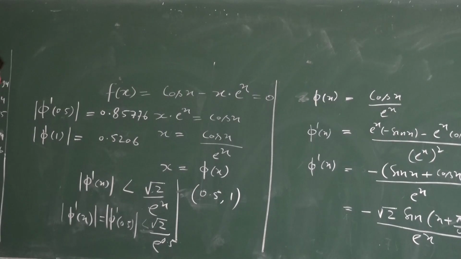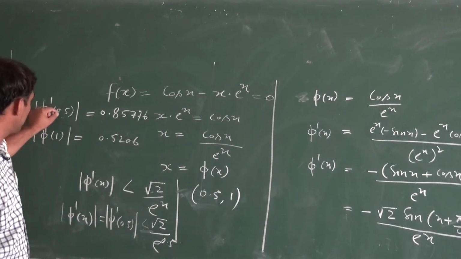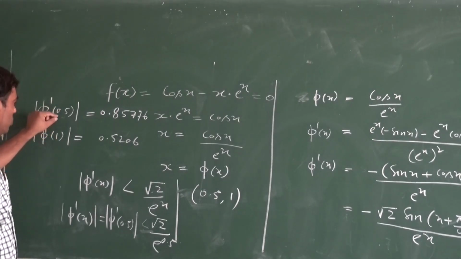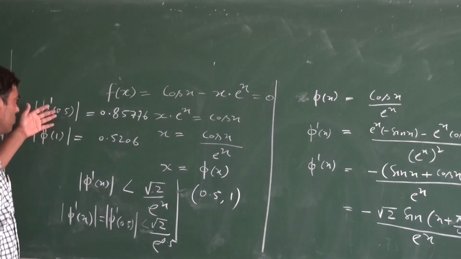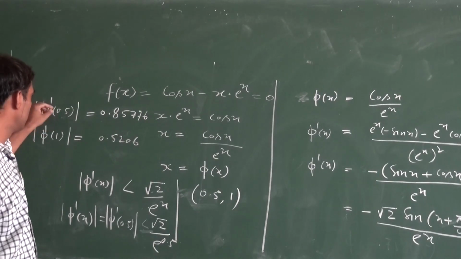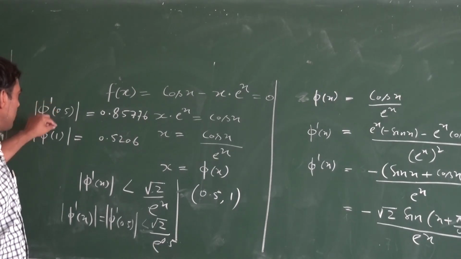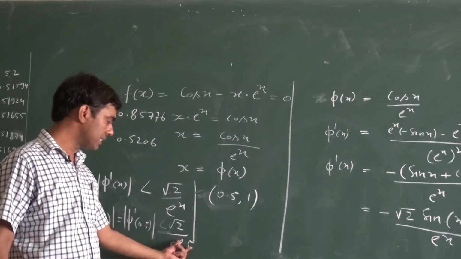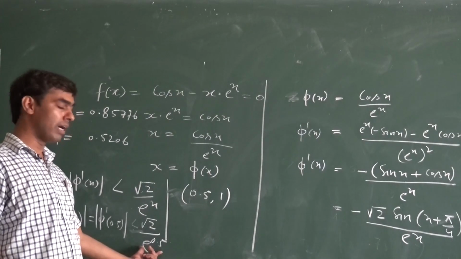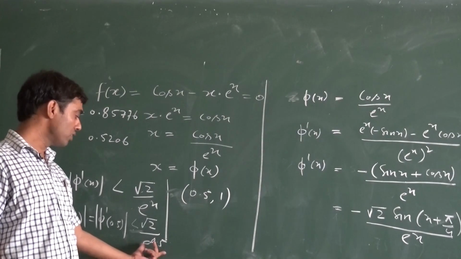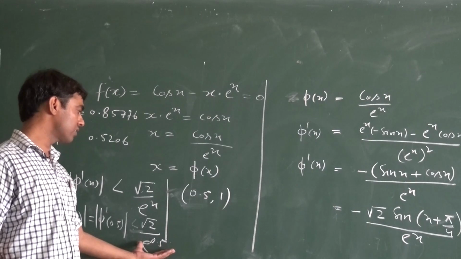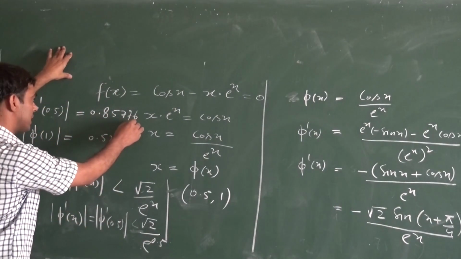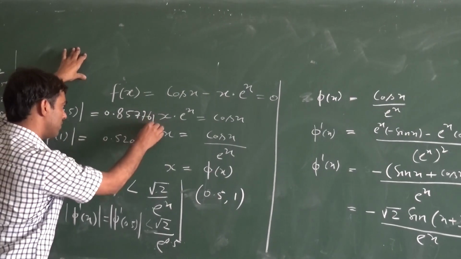In the class interval 0.5 to 1 there are infinite values, but as x increases from 0.5 to 1, the exponential value also increases, means the denominator increases, so this value decreases.